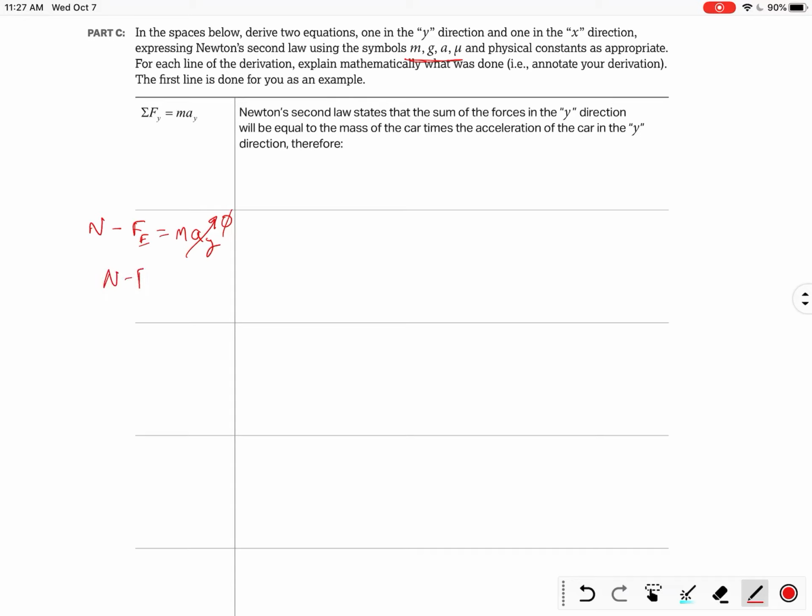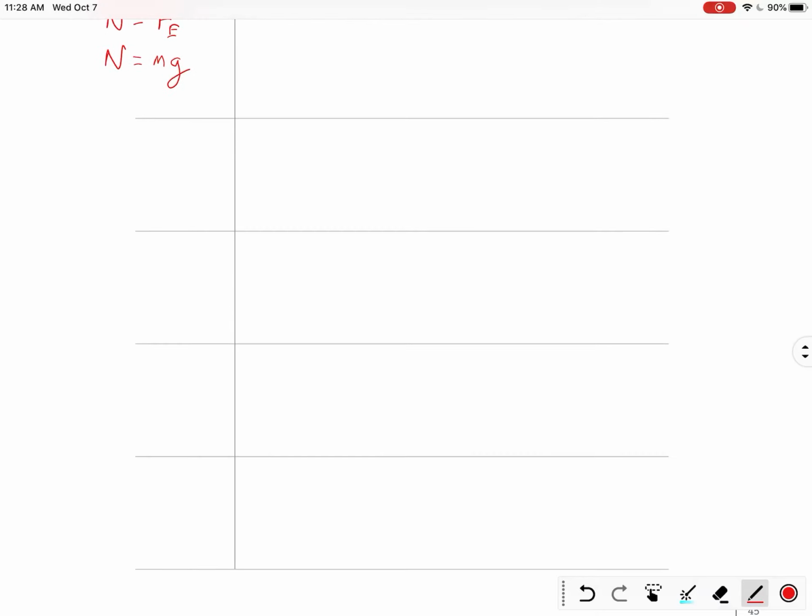So the normal force minus the force of the Earth is equal to 0. And the normal force is equal to the force of the Earth simply by algebra rearranging. And we could take one more step and say, hey, the force of the Earth is equal to m times g. So now we've gotten the y equation as far as we can take it.